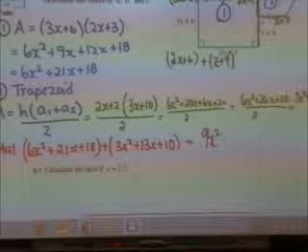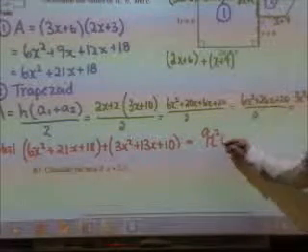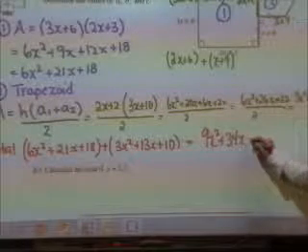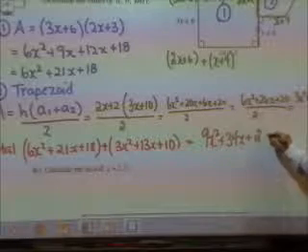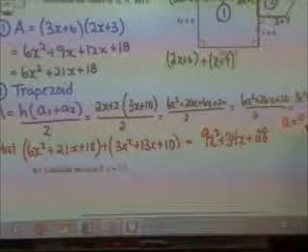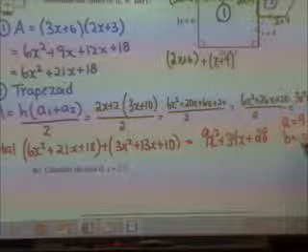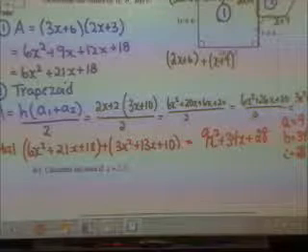How many x's? 34. And what's the constant? 28. So the value of A is 9, B is 34, and C is 28.